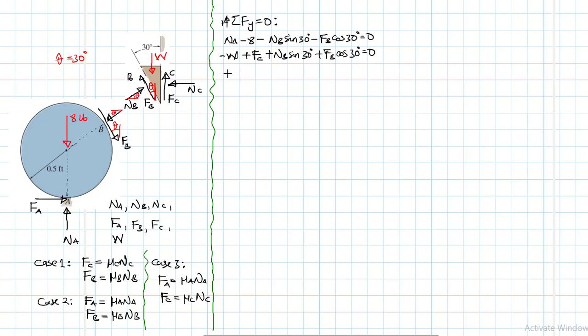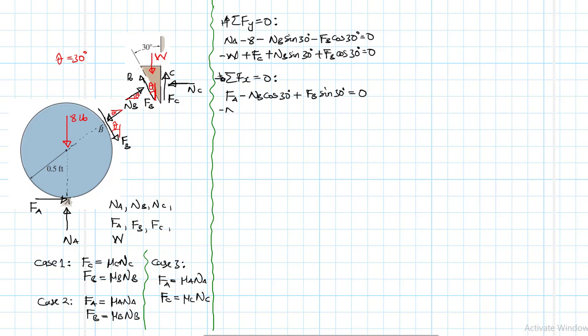So we go to the summation of forces in the X direction. What do we have? We have FA, and since we are on the cylinder, FA minus components at B, minus NB cos 30 plus FB sine 30 equal to 0.